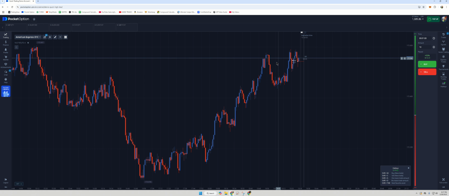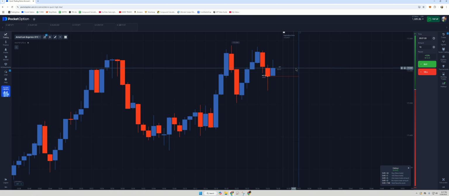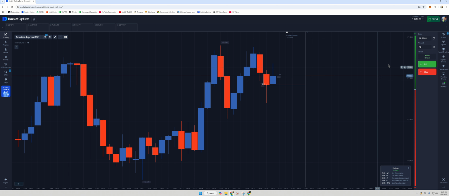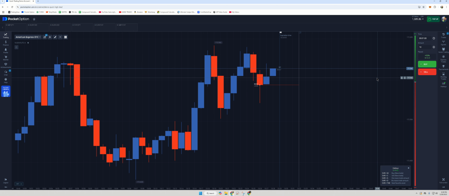This is definitely an uptrend. So I did that. If this closes above, it's going to be a win, and if this closes below that, it's going to be a loss. That'll really help you understand more.